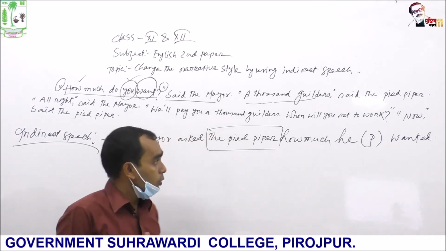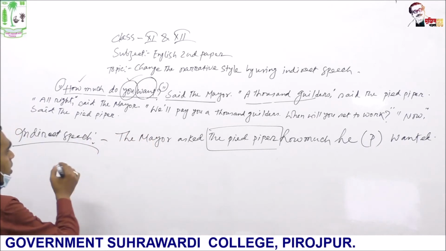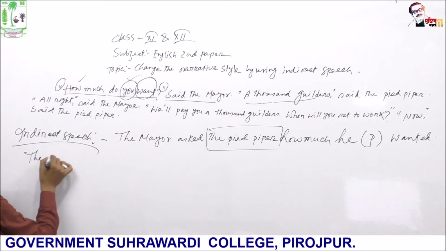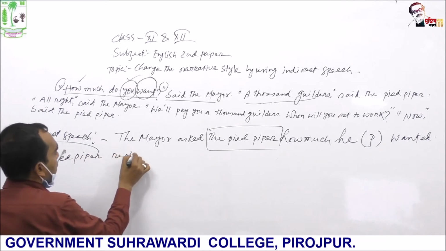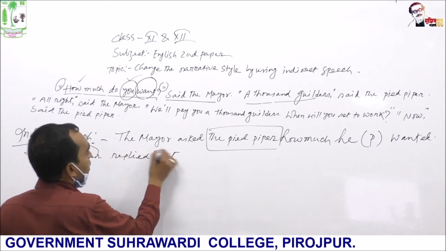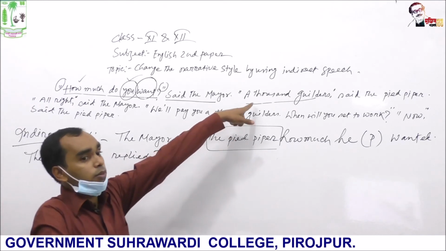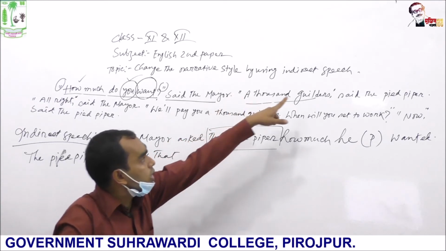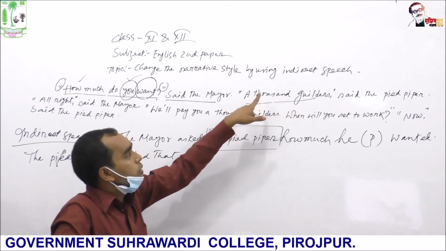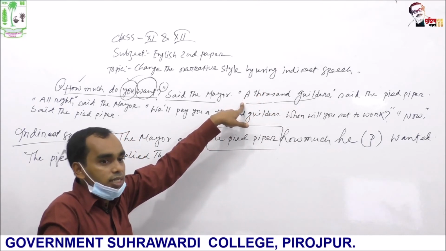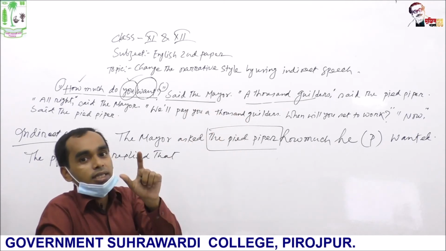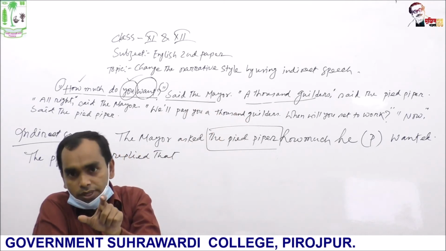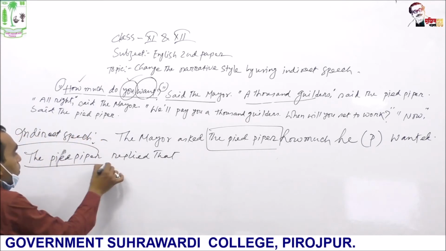Understand? Okay, now we can write, the Pied Piper replied that. Here the complete form of the sentence I have already mentioned: I want 1,000 guilders. So you have to think that there is a subject in this sentence, and what is it? I. I is first person, so it will be changed according to the subject of the reporting verb.